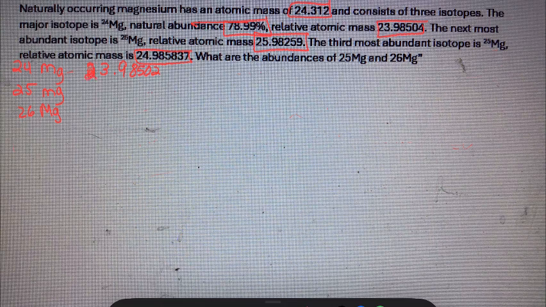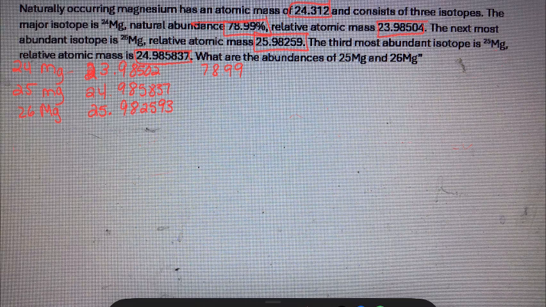It didn't write real well, but 24.985837. And for magnesium 26, we are going to have 25.982593. I know I'm going to have 78% of this. I don't know what the other 2 are.